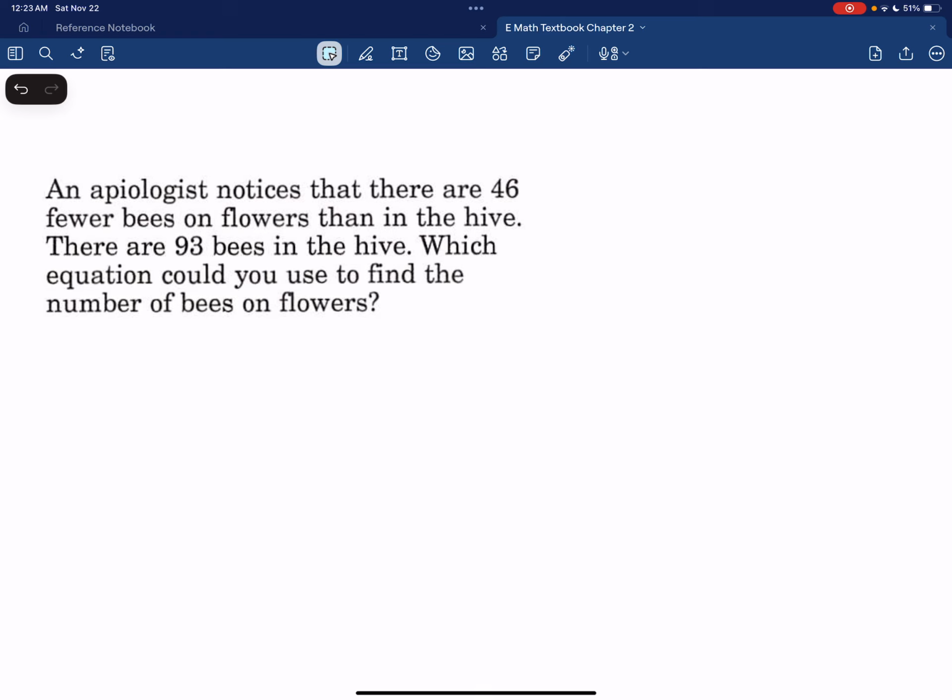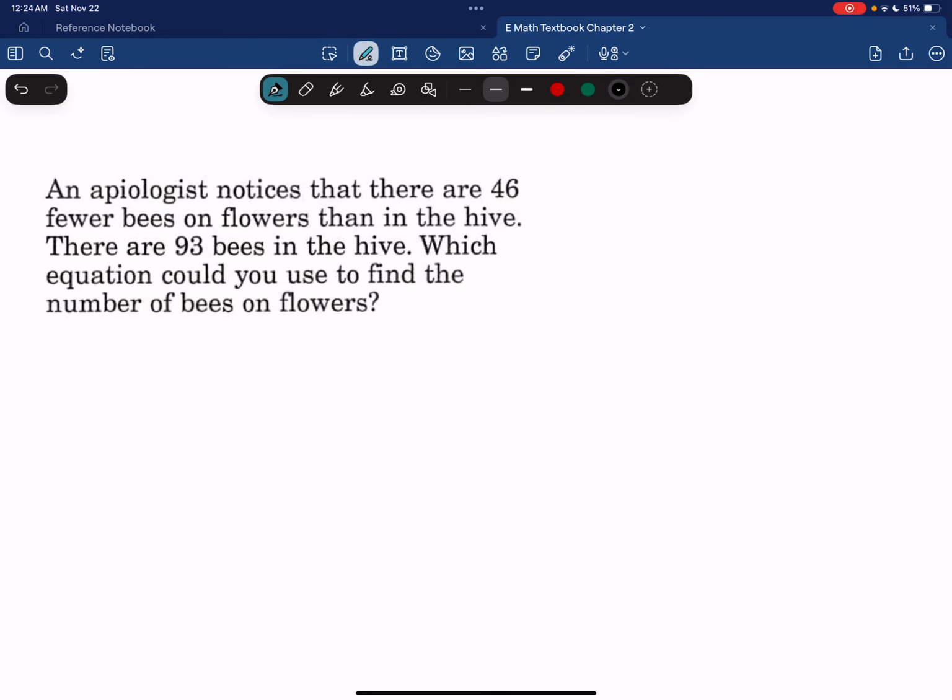An apiologist notices that there are 46 fewer, there's that word, bees on flowers than in the hive. There are 93 bees in the hive. So which equation could you use to find the number of bees on flowers? An apiologist is a person who studies bees.